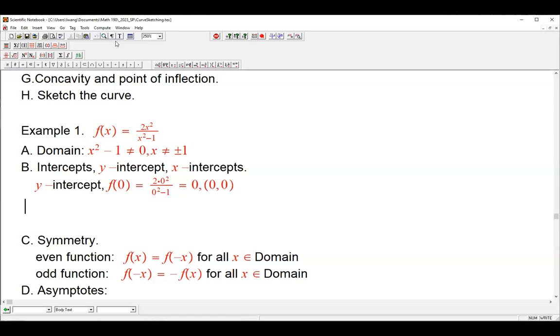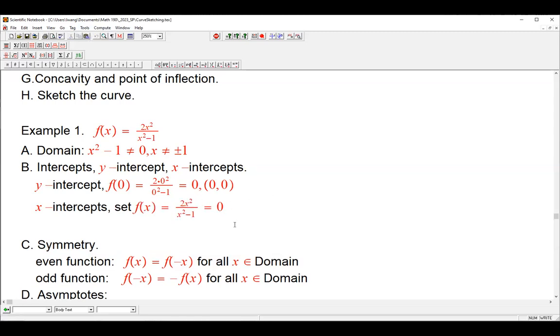And the x-intercept. We might have more than one, and we're going to set the function equal to 0 because the x-intercept is where the curve crosses the x-axis. So we set f of x equals 0.